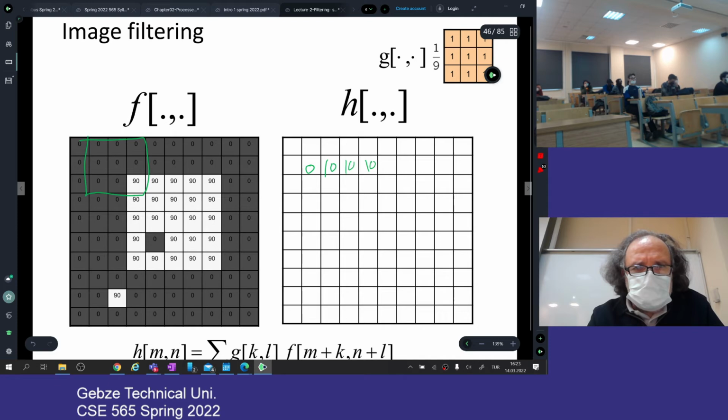No, this is not 10, right? Then it is 180 divided by 9, which is 20. Then how about this one? This is 30, maybe. Then this one is 20 and 10, and is that correct? 0?